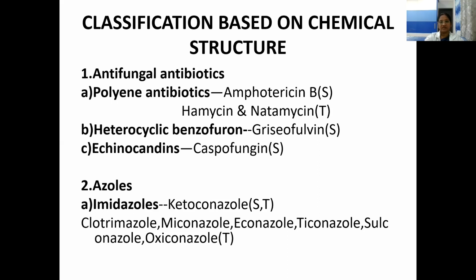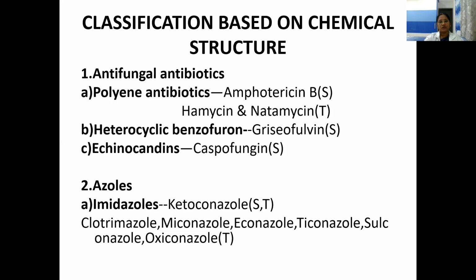Coming to the classification of drugs based on chemical structure, number one, antifungal antibiotics. These are again divided depending upon the structure into polyene antibiotics, heterocyclic benzofuran, and echinocandins. The example for polyene antibiotics is amphotericin B. Amphotericin B is used for systemic infections, whereas nystatin and natamycin are available for topical use for superficial infections.